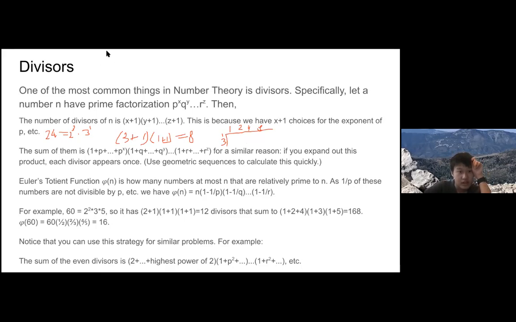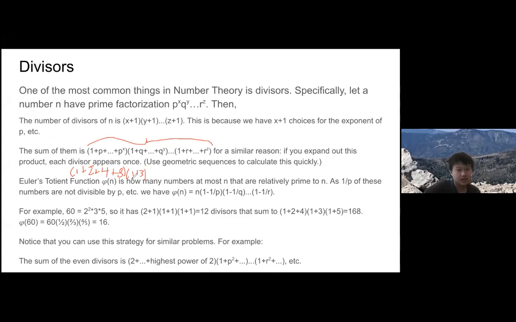Okay. Let's see. Then let's say you want the sum of the divisors. Well, that's slightly different, but the main idea is, why do you get this mess? Let's see what happens when you expand it. Let's go back to example 24. This would be 1 plus 2 plus 4 plus 8 times 1 plus 3.